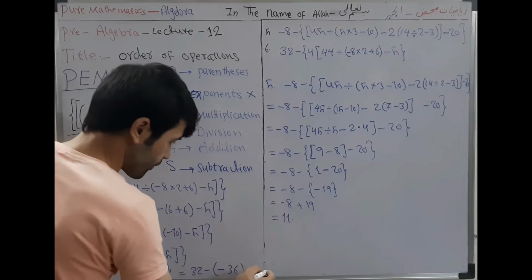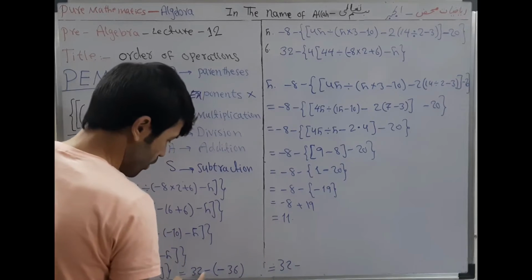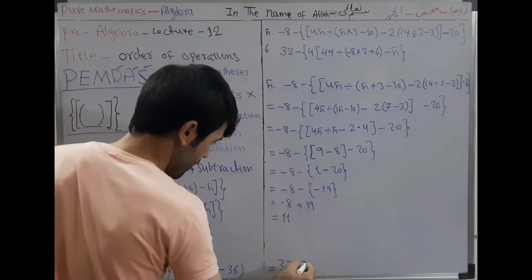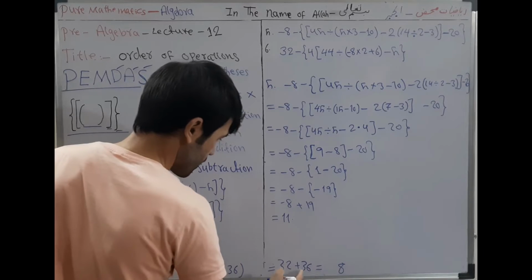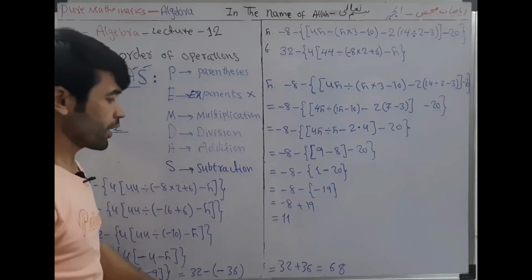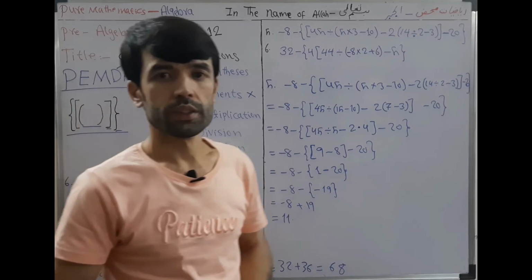It is equal to 32 minus multiplied by minus, plus 36. It is equal to 6 plus 2, 8, 3 plus 3, 6, 38. It is the answer of this question. Thank you.